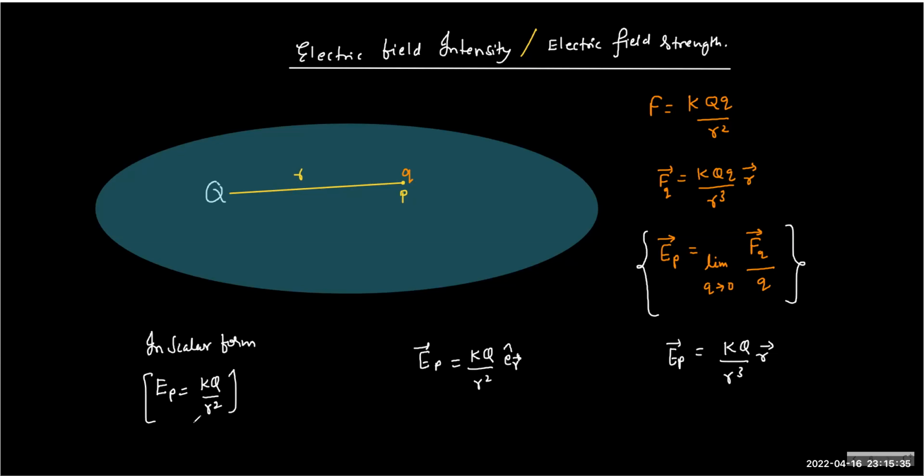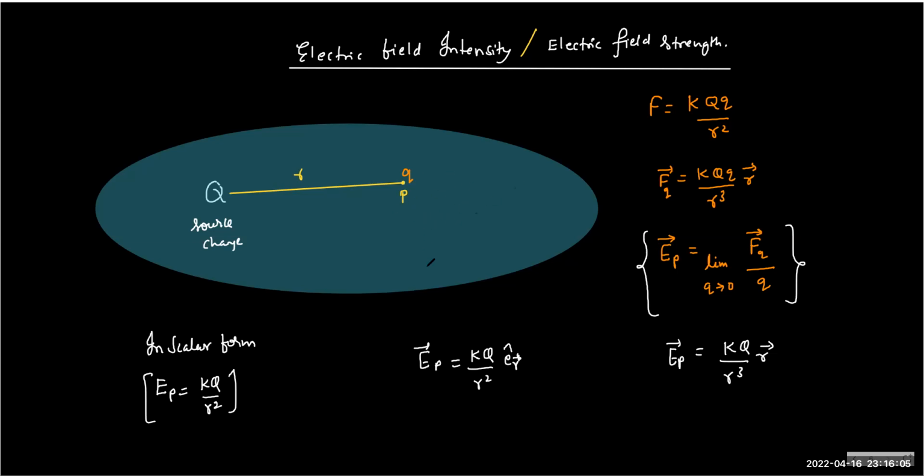So we are trying to find the electric field due to a source charge at a point P. First we bring some charge q and we find the force. Once the force is calculated using Coulomb's law, we divide by the charge brought there to get the intensity. While solving numericals, we will not do it like this.